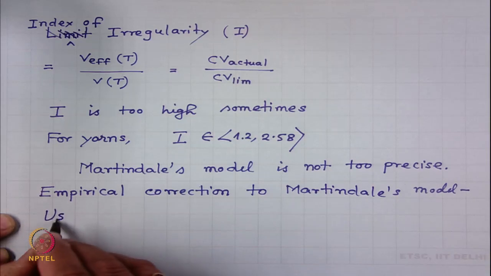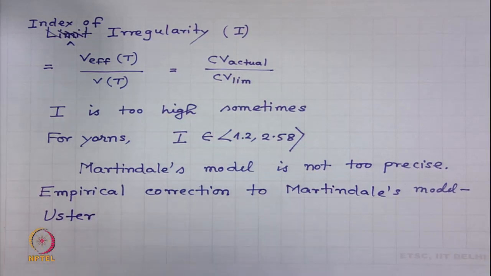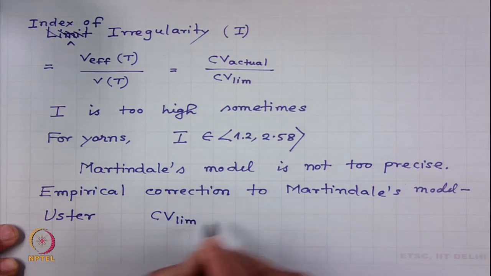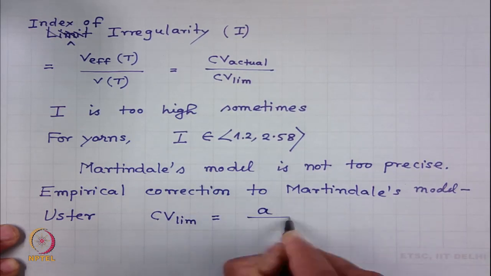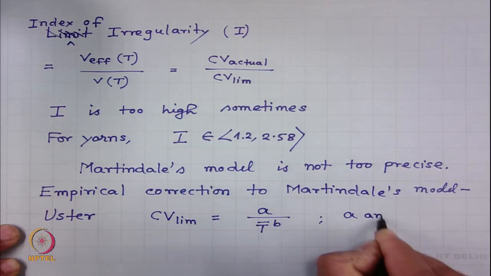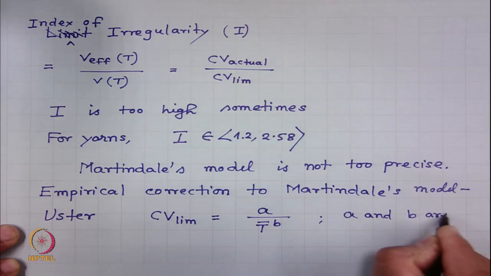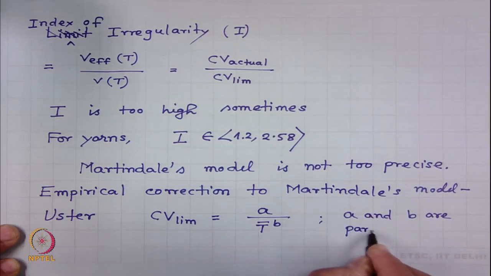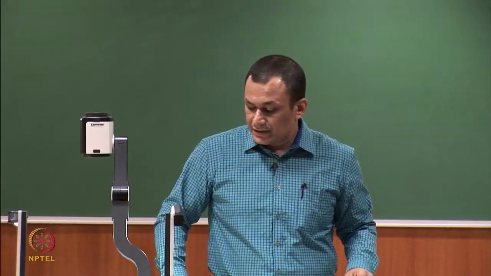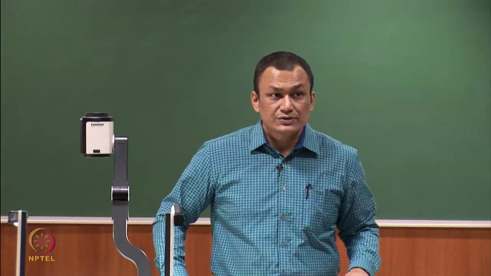They have given this correction as CV limit is equal to this, where A and B are parameters. So, this empirical correction was suggested by the company Uster.